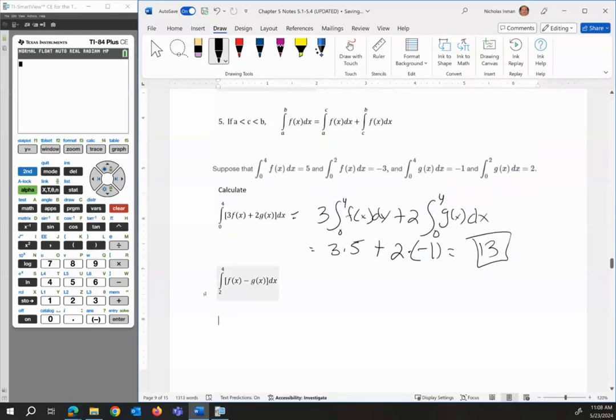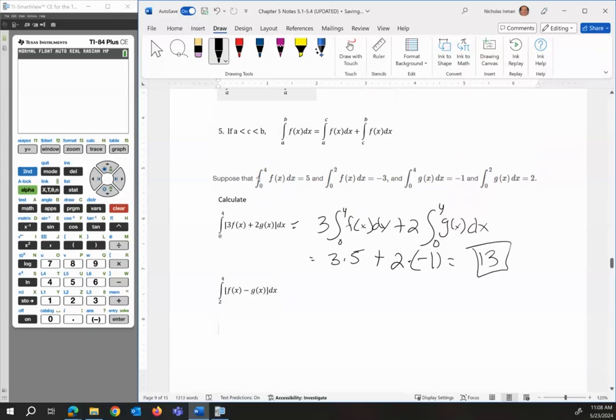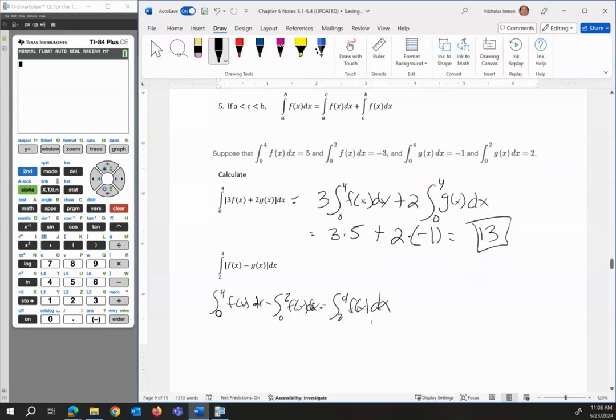We know from 0 to 4, and we know from 0 to 2, so if we subtract those two pieces from each other, that will give us the 2 to 4 part.